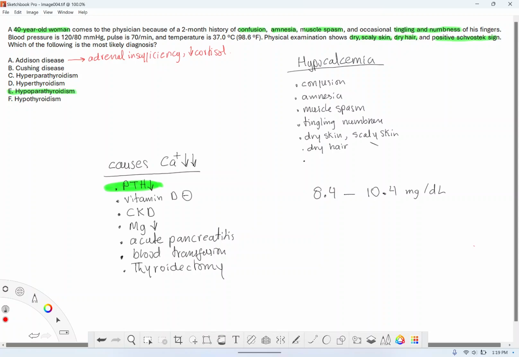Without cortisol, plasma glucose level drops, leading to hypoglycemia. The adrenal cortex also produces aldosterone, right? So there will be decreased aldosterone production. Aldosterone is primarily responsible for maintaining blood pressure and blood acidity. So no aldosterone means hypotension, and it will lead to acidosis.